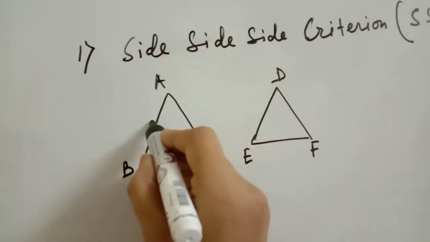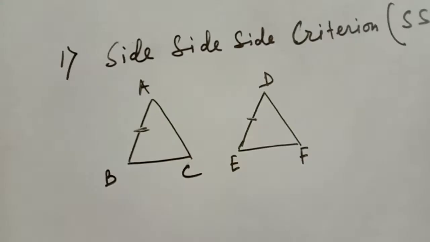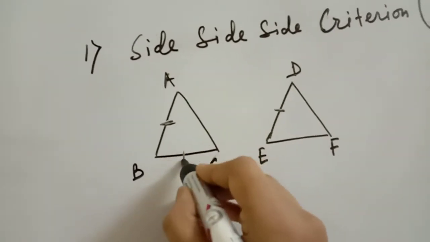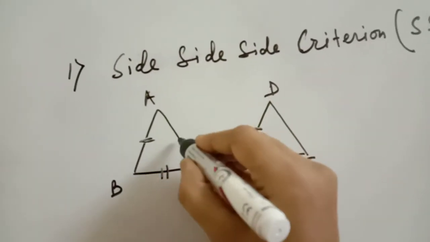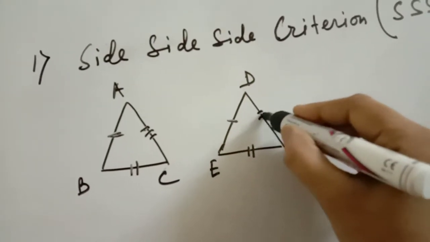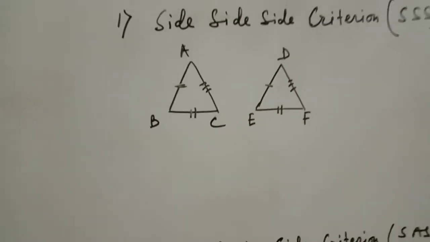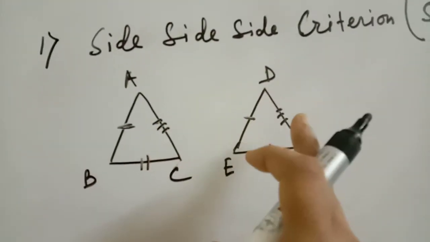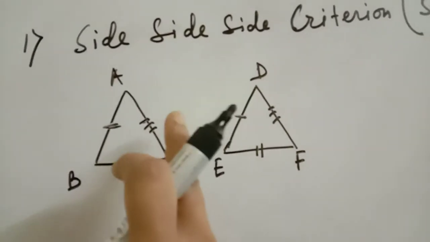If side AB is correspondingly equal to side DE, and BC is equal to EF, and AC is correspondingly equal to DF, then we can say that these two triangles are congruent by SSS, side.